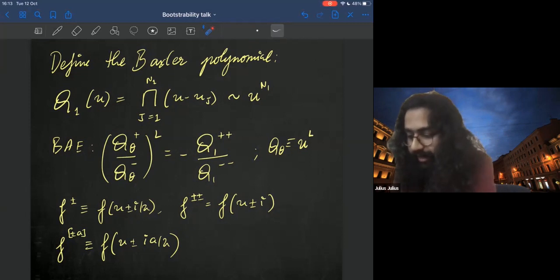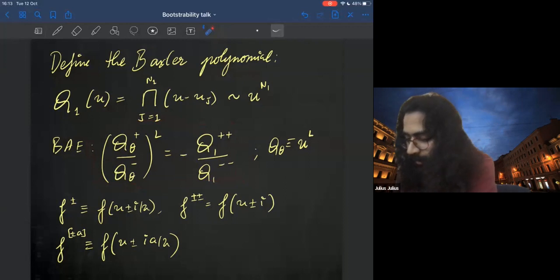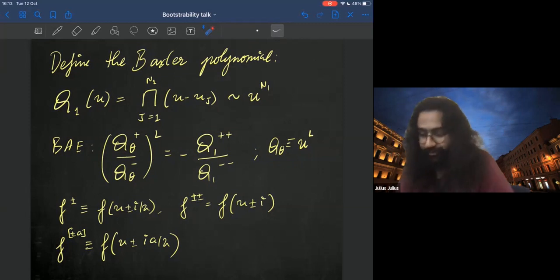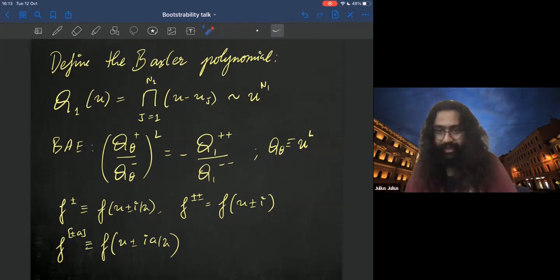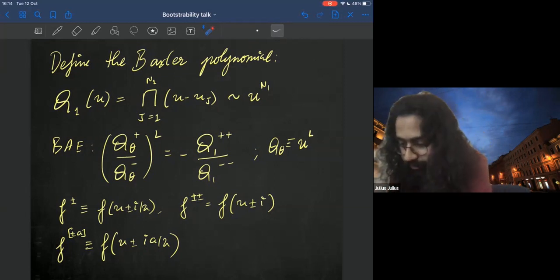Now, of course, I can rewrite the Bethe-Ansatz equations using the Baxter polynomial by introducing another notation, q theta equals u to the L, and another piece of notation, that plus or minus basically just means a shift of the spectral parameter by plus or minus I over 2. So at the moment, this just looks like I've just rewritten something, but it's actually quite useful.